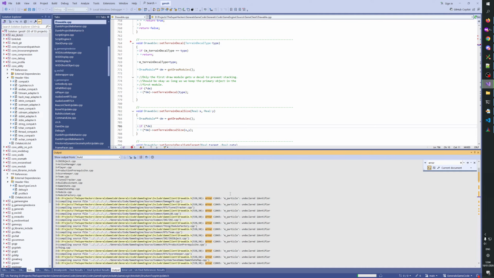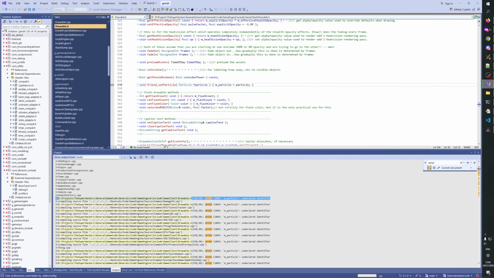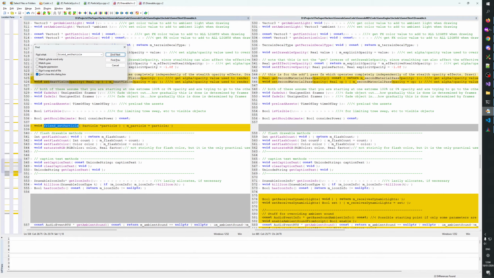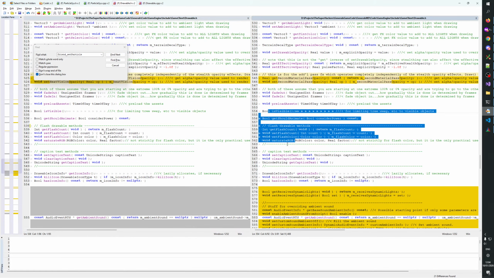Oh, it also compiles even earlier. Aha, set particle. There's another function here. Okay, friend set particle. Fair enough.